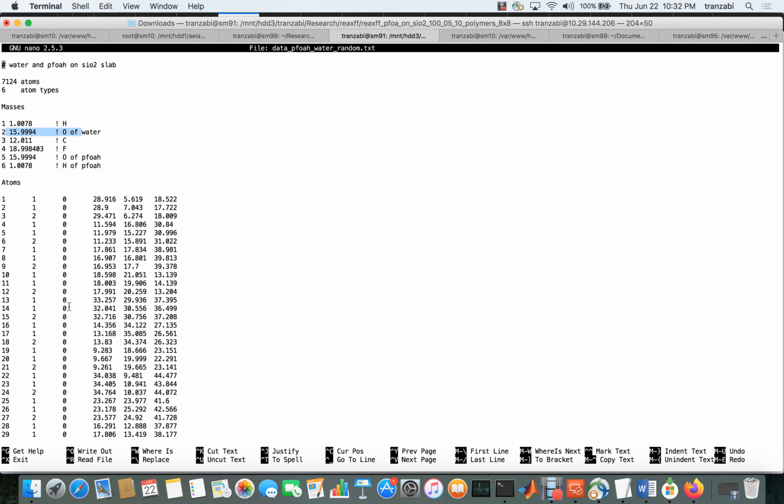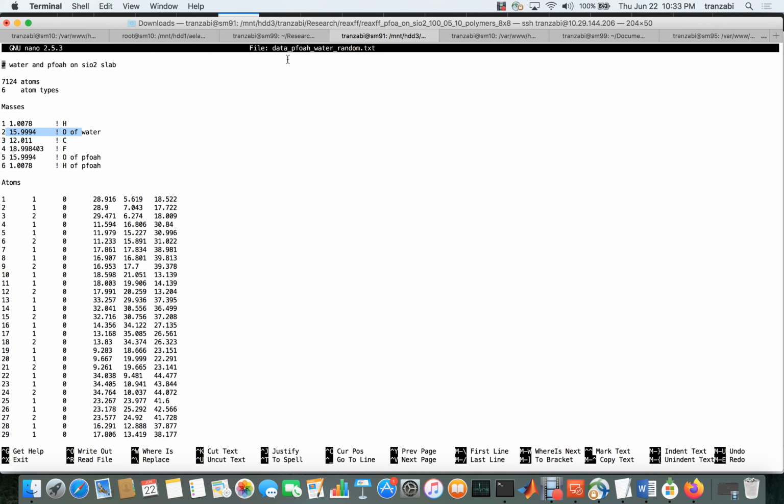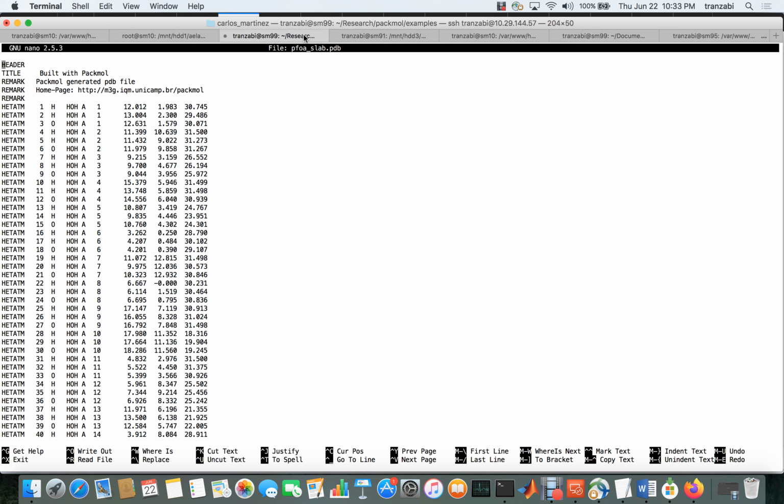The third column needs to be all 0, and then the fourth, fifth, and sixth columns would be identical to columns 7, 8, 9 here, which are the coordinates. So that's all about generating this data P4 water random txt out of P4 slab PDB, which is the output of PACMO.